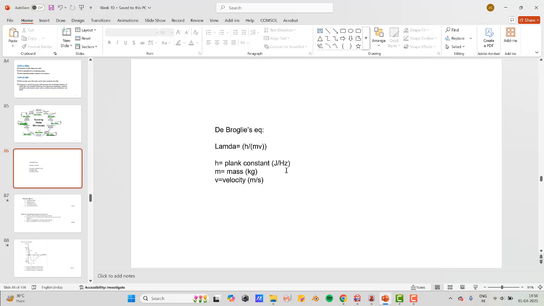So it should be in frequency, that means 1 by second. I think it is the same only, right? If you put joule, it's second only. Yeah, that is correct.